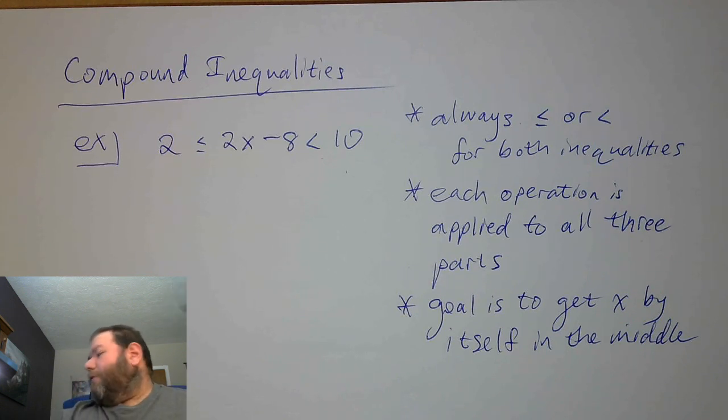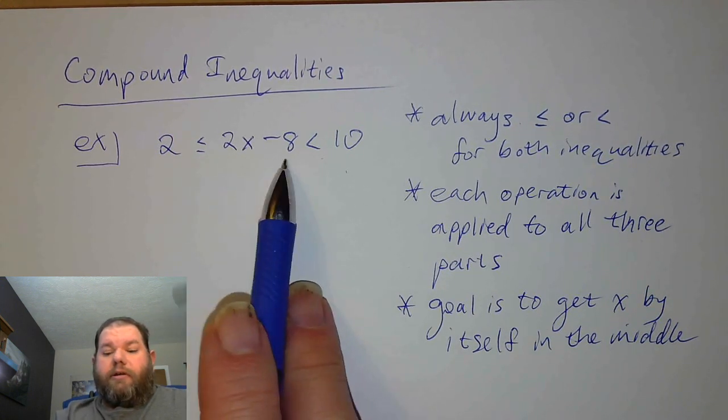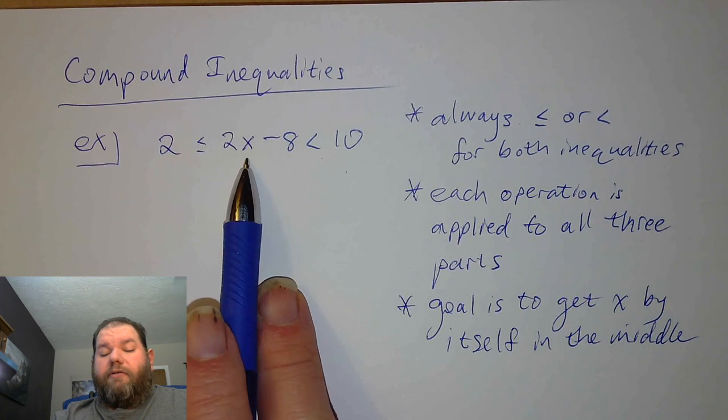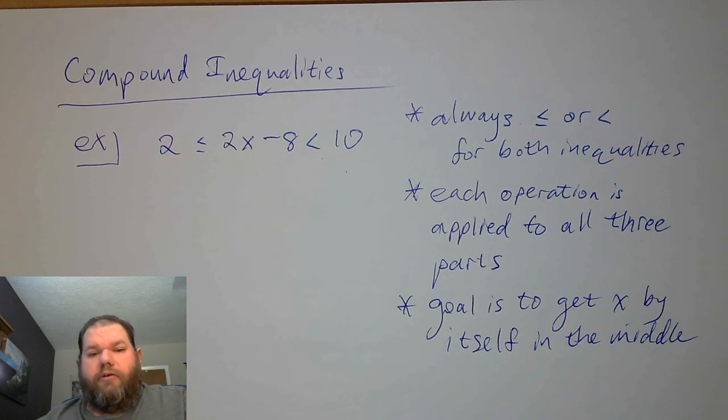So we think about this and we say, okay, well, what are we going to need to do to get the x by itself here? What is one thing that we could do? Because there's actually two steps that we'll need to get to that point.